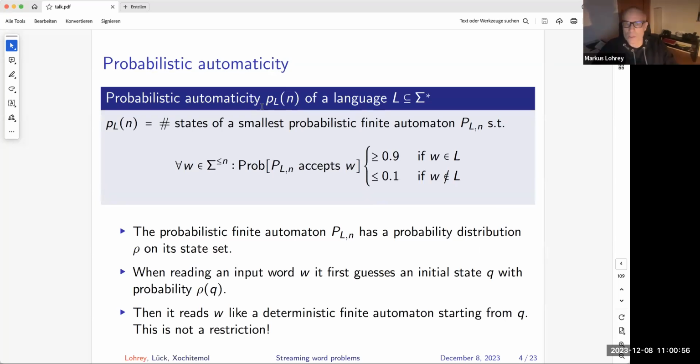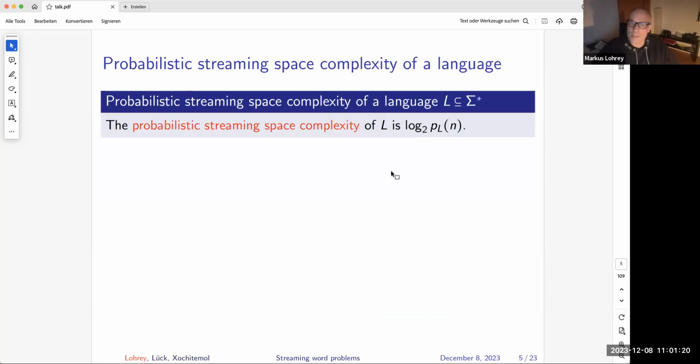That's our model. I should also say why I chose 0.9 and 0.1 here. This looks a little bit arbitrary. It is arbitrary. You can choose any other constants, and the definition wouldn't change a lot; you would only get some constant factors, nothing really crucial. So that's the probabilistic automaticity.